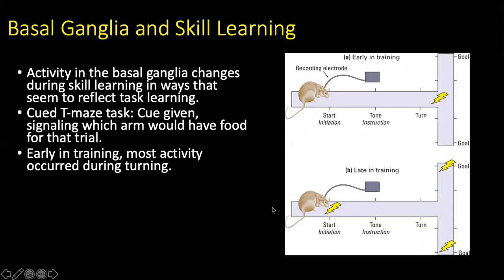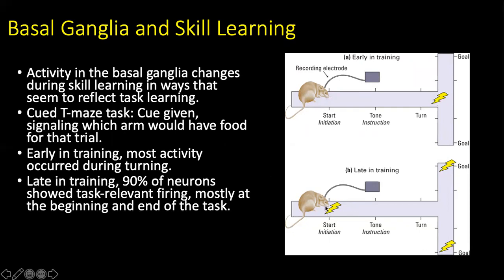Early on in training, most of the activity is happening when they're making the turn. So it's almost learning the motor performance of the task. But as they get better and better, as they learn the cue and what that's going to tell them to do, this is when we start to see more task relevant activity.